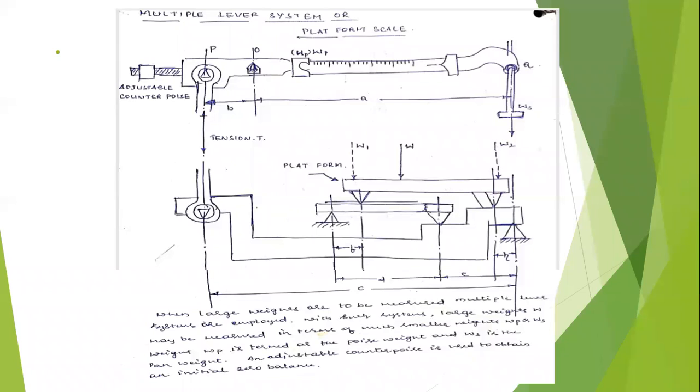Suppose you have not taken it in the last class. Now, write down: explain briefly with neat sketch the multiple lever system, or platform scale?